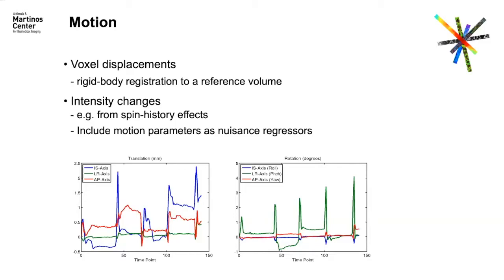However, that's not really enough, because there can be some intensity changes. Let's imagine that you just gave an RF pulse to the brain, and then there is sudden movement. Now when you are reading the signal from the nuclei, they might be in a different phase, or they might be coming from a different voxel. So that affects the intensity of the voxel.